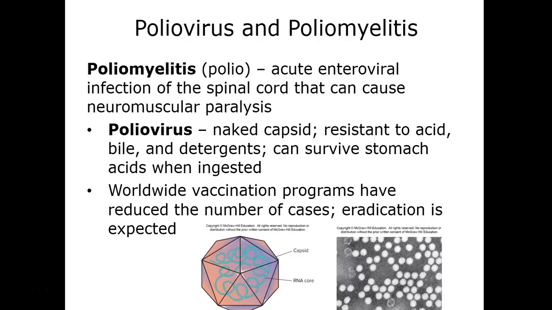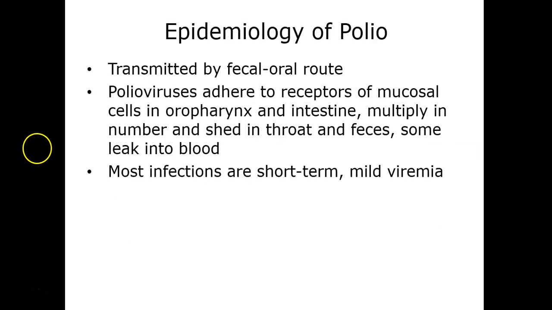Vaccinations have helped to reduce the number of cases to very slim. We really don't see much of it in the population anymore. The polioviruses adhere to receptors in your mucosal cells in the oral region and in the intestine, and they can multiply and shed in the throat and feces, with some of them leaking into the blood.